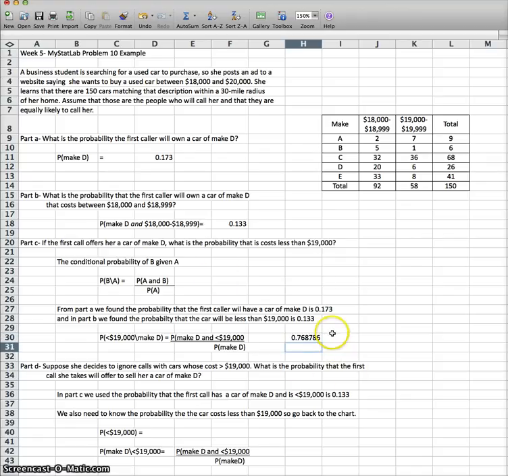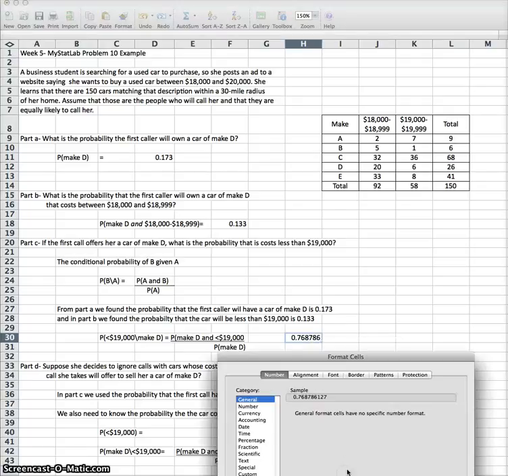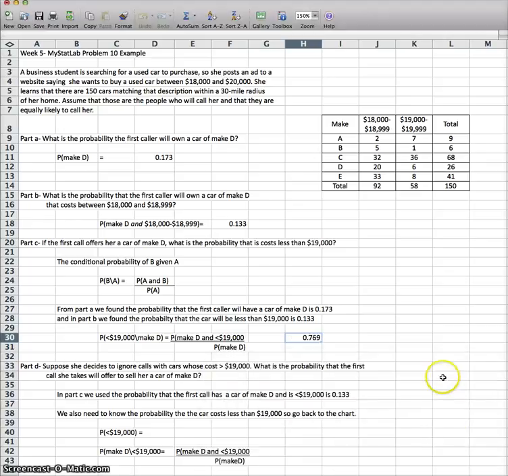And we find this probability to be 0.7687. Let's click on there. Let's format that cell to show us 3 decimal places as the other ones, and we find that that probability is 0.769. Now we can move on to part D.